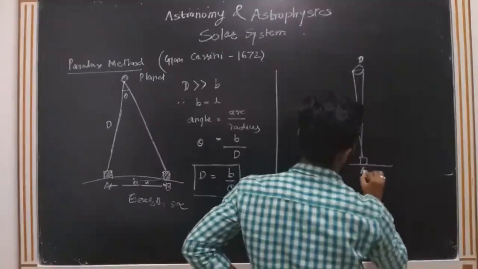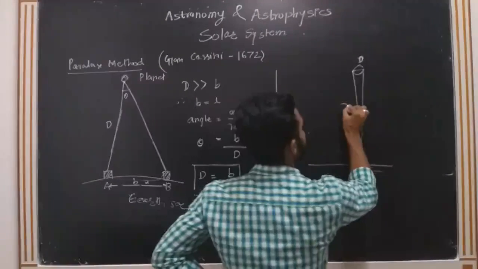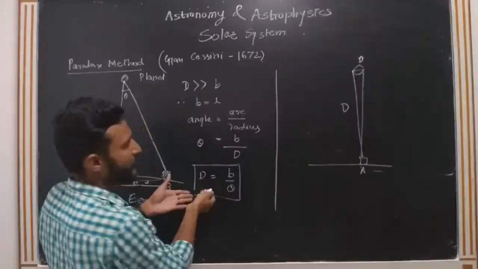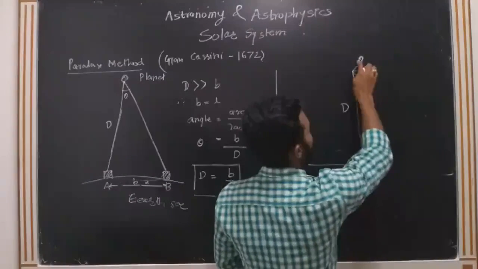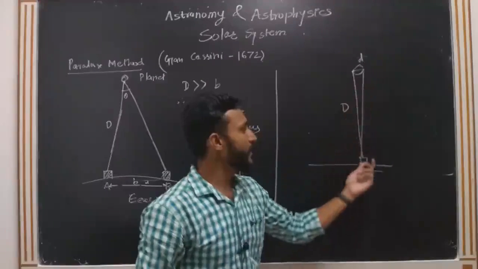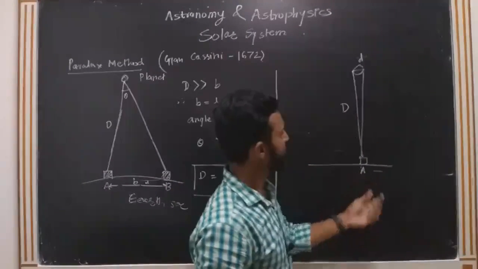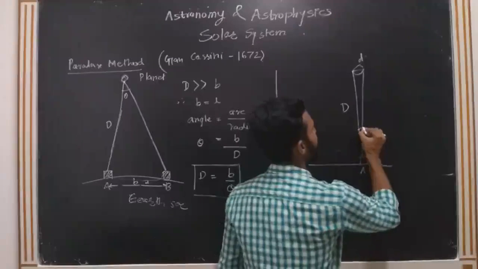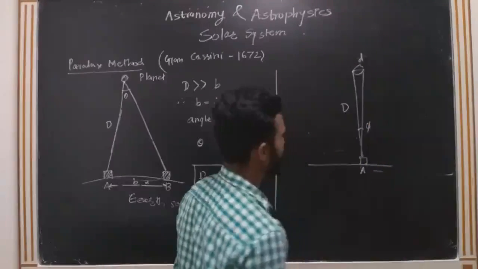If D is the distance which we determined here, and small d is the diameter of that planet which we observe from the earth's surface, it makes an angle, let's say phi.